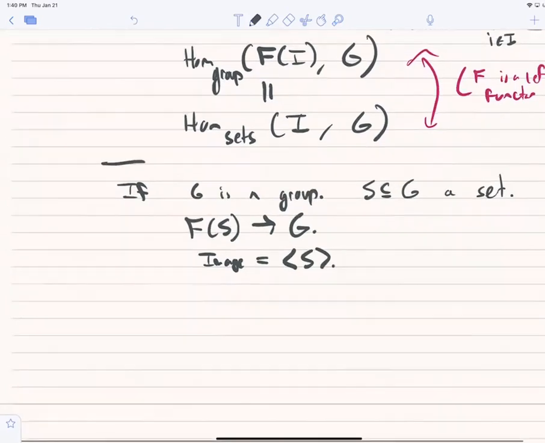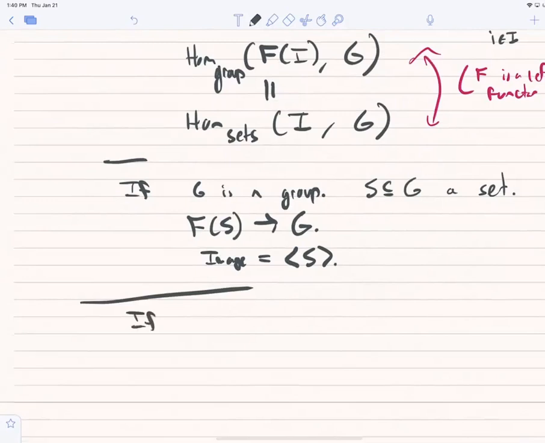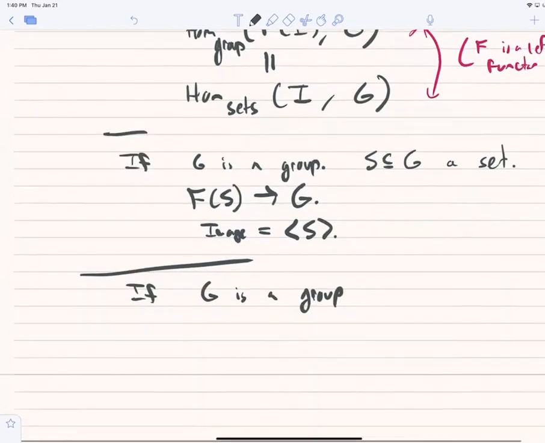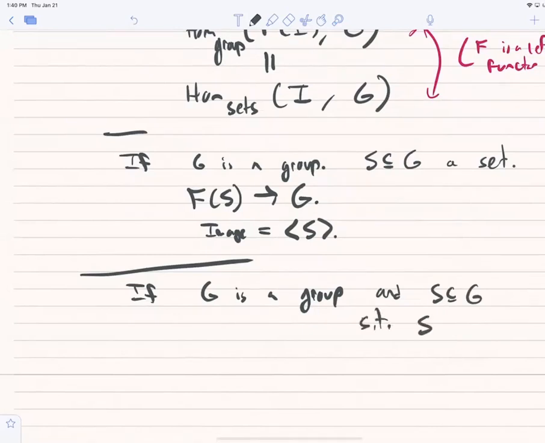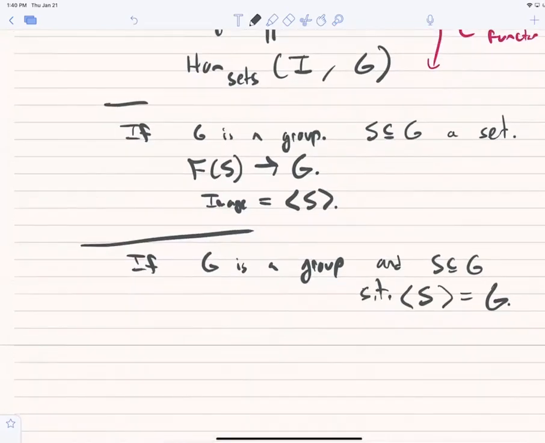In particular, if G is a group and S contained in G is a set of generators for the group, then you can present your group as a quotient of the free group on S. Here is the notation for a surjection onto G. So you get a surjective map from the free group.